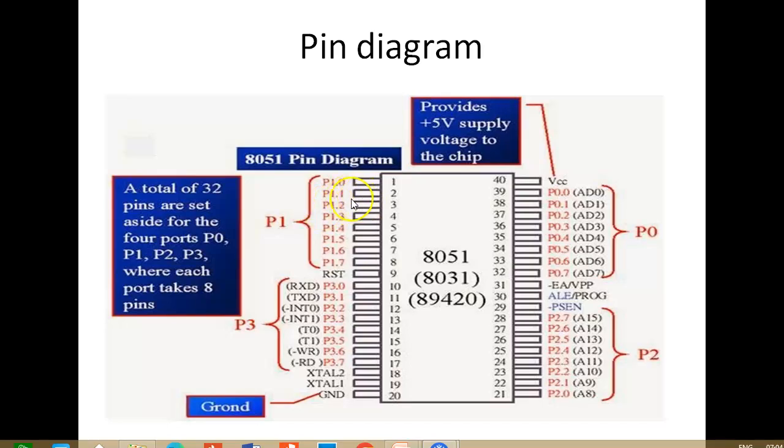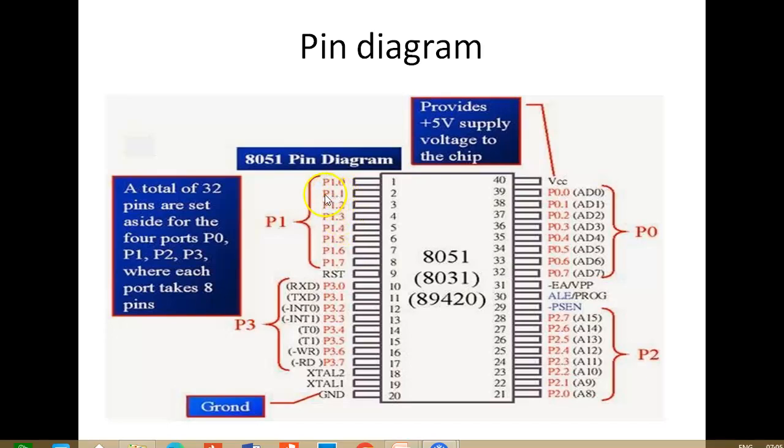Out of the 32 pins, you can use any one. If you require more than 32, then you have to use another type of microcontroller, such as a PIC or AVR microcontroller. So some limitations are there.